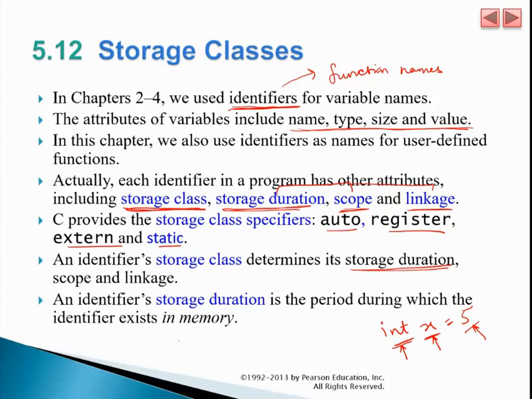For how long will the identifier exist in the memory, whether the existence of this particular variable is throughout the program execution, or whether it will be created at some point and then get destroyed? This is defined by the storage duration, for how long the variable or the identifier in general will stay in the memory. Am I making sense?